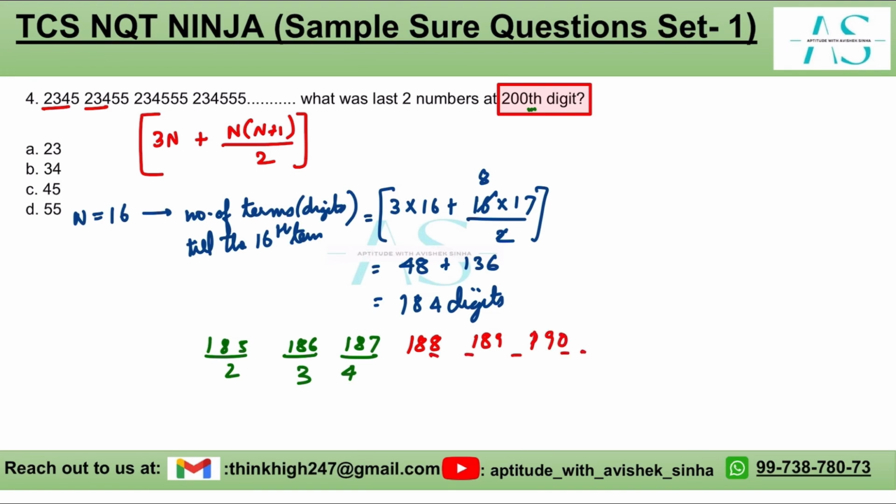Since we are looking out for the 17th term, till 17 times we'll have 5. So naturally 13 more is 200 and we are going up to 17. So the last two digits at the 200th position, that means 199th and 200th, would be 5 and 5. Option D is the correct fit here.